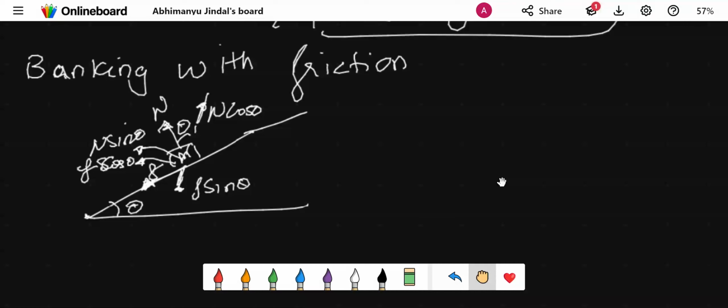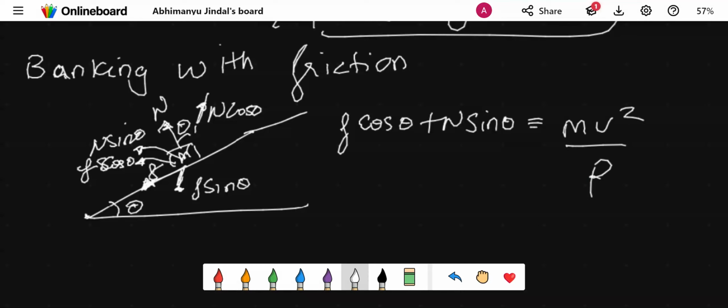Right, now the two equations that we can make are: f cos theta plus n sine theta is equal to mv squared by r, and n cos theta equals f sine theta plus mg.